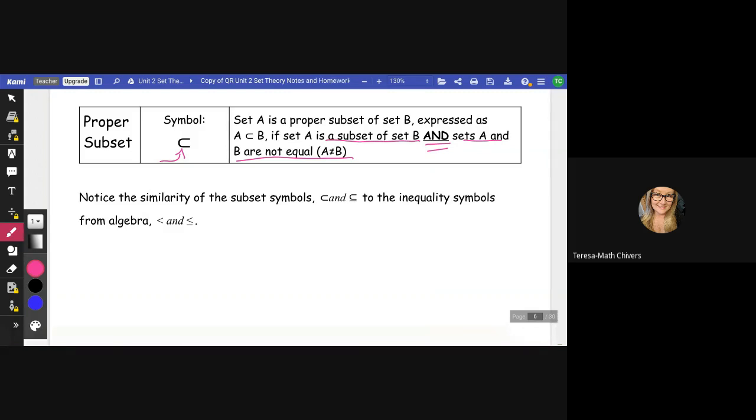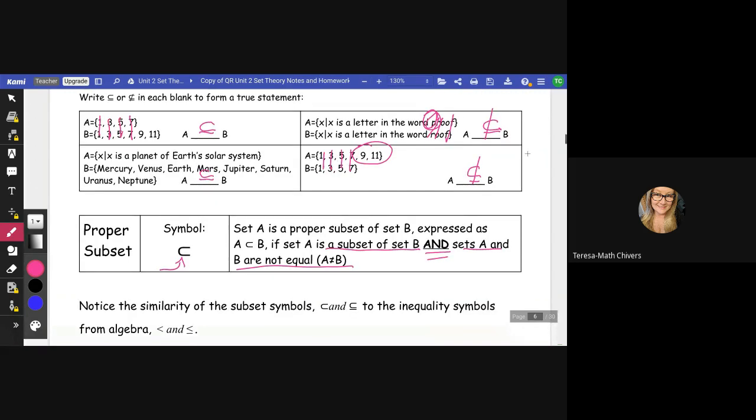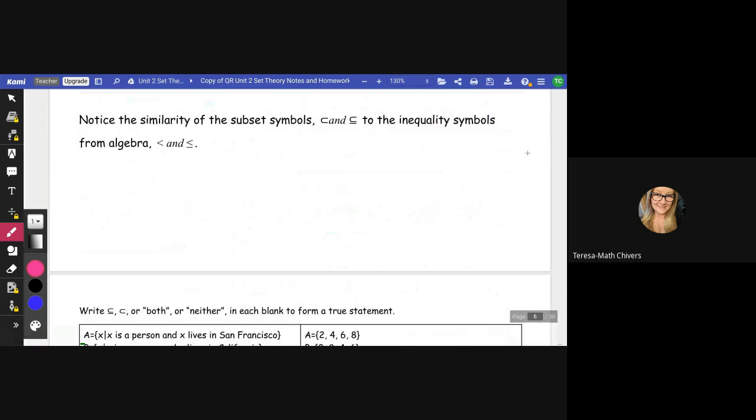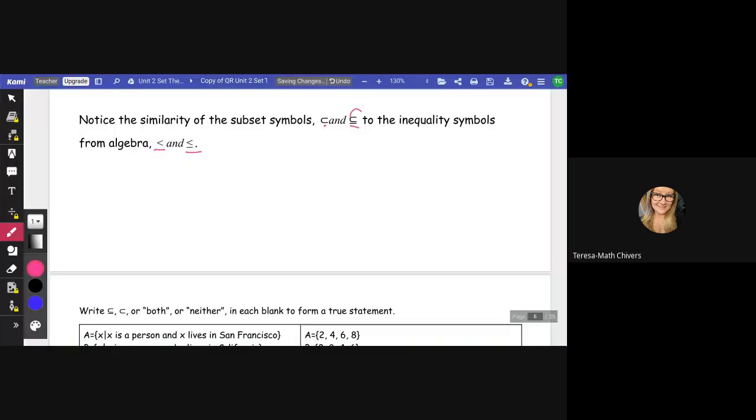Notice the similarity of these symbols. We have proper subset and subset, and it's very similar to our algebra symbols, less than, or equal. So subset has the equal on it. Proper subset does not. Proper subset doesn't work if they're equal.